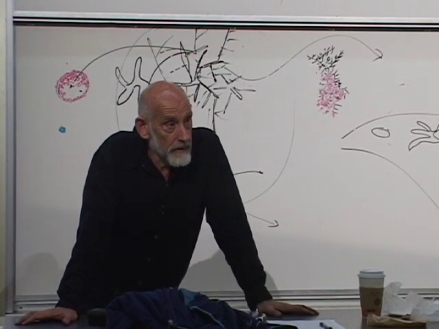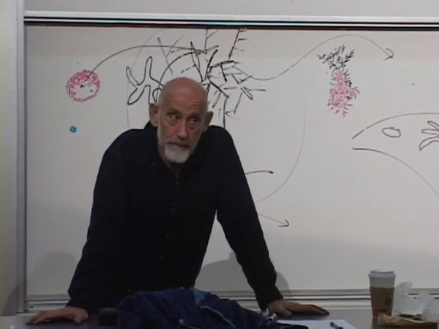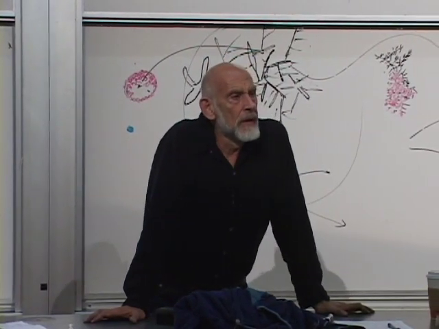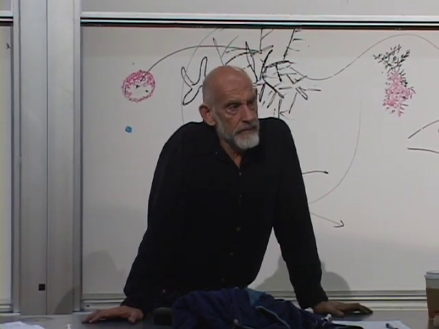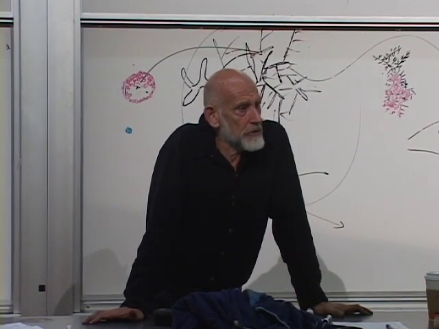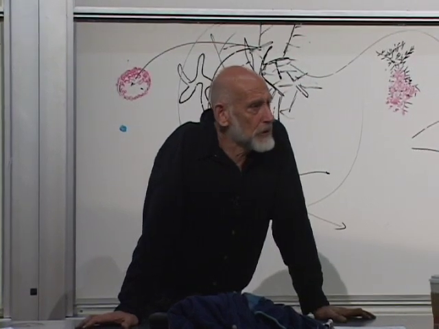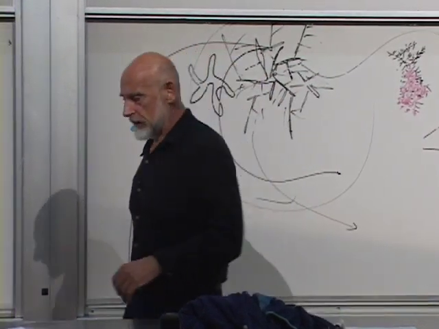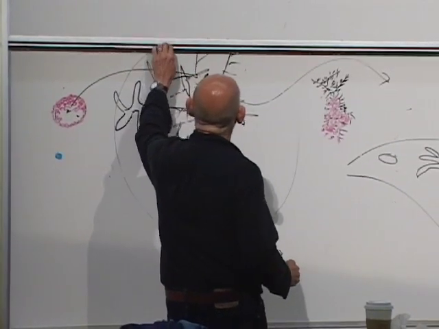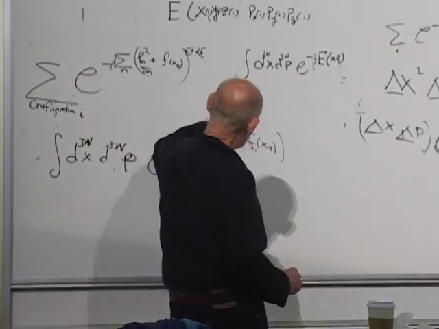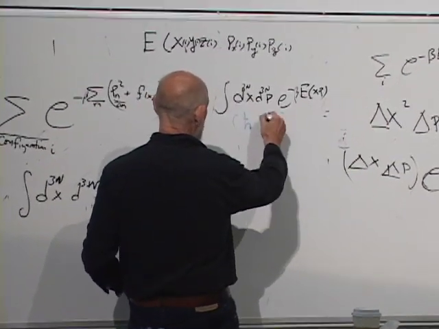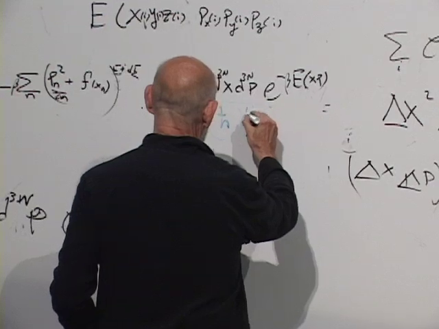Going briefly into quantum mechanics, wouldn't the parameters of quantum mechanics give a definition of the degree of coarse graininess? Yeah, Planck's constant. You can't make it smaller than Planck's constant, absolutely. But if you replace the sum by the integral, there's this h-bar to the n.